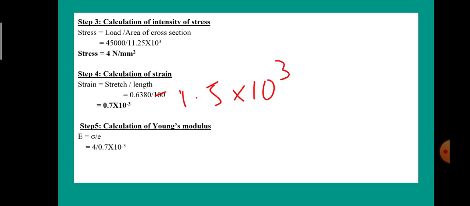So 4 divided by 0.7 into 10 power minus 3. I'll get the Young's modulus as 5.71 into 10 power 3 Newton per mm square. So this is how we find the Young's modulus by using stress and strain.